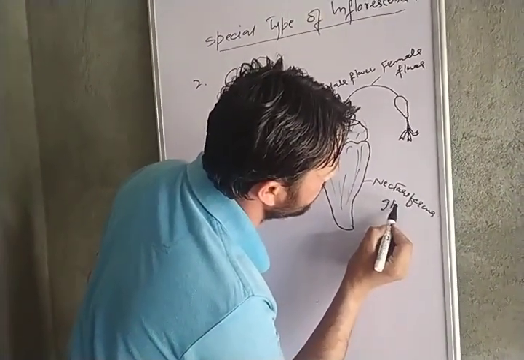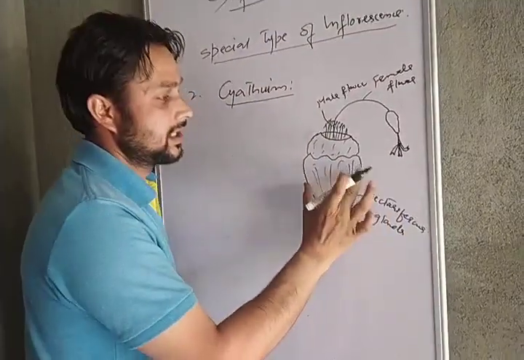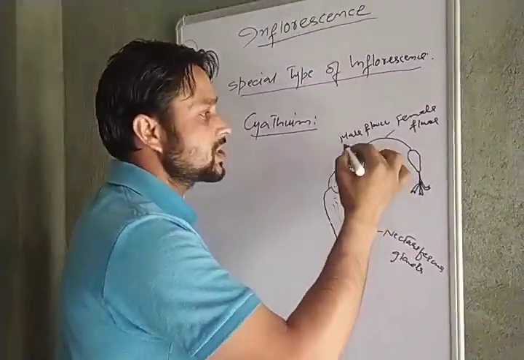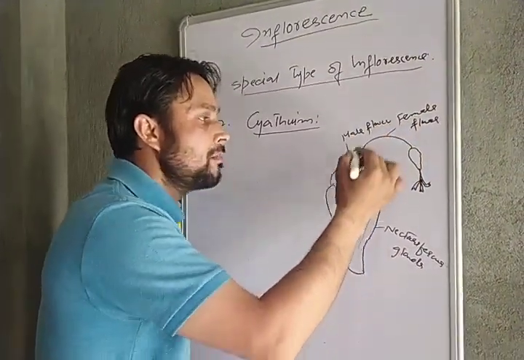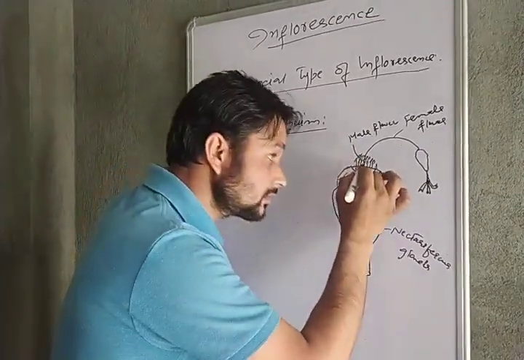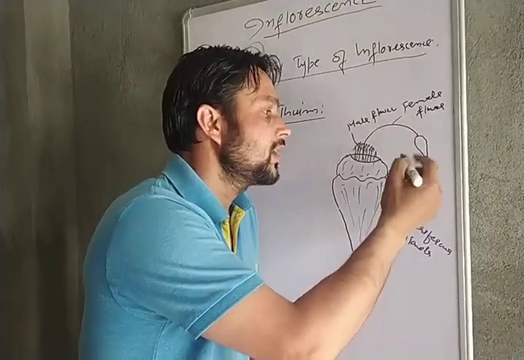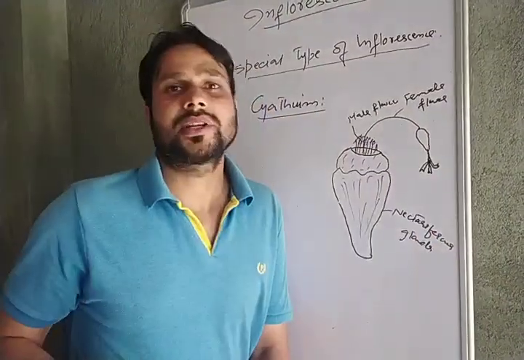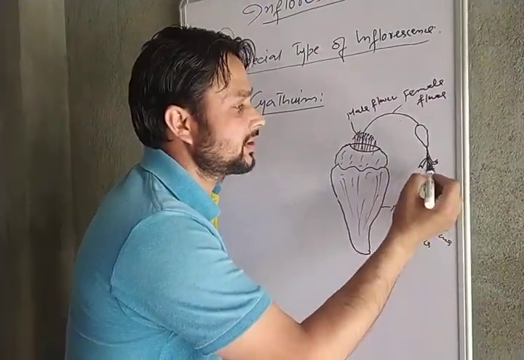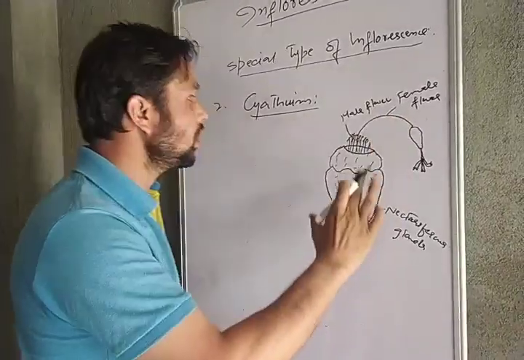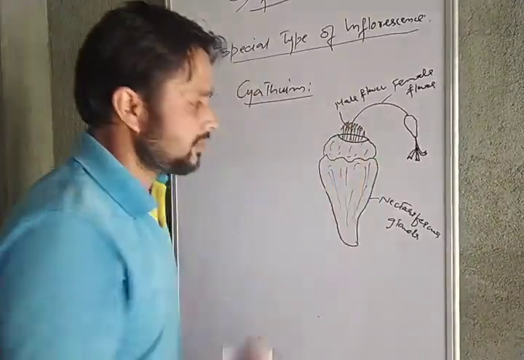These possess male and female flowers. Male flowers are pedicellate and the female flower is also pedicellate with tricarpellary pistil. Okay. So this is Sethium, a special type of inflorescence.